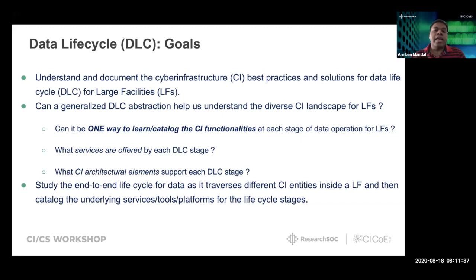It's a very simple model that tries to capture some of the common elements across scientific facilities, and then we can think about the different challenges and different technologies that can help solve those challenges for each of these stages, and also the cross-cutting stages.